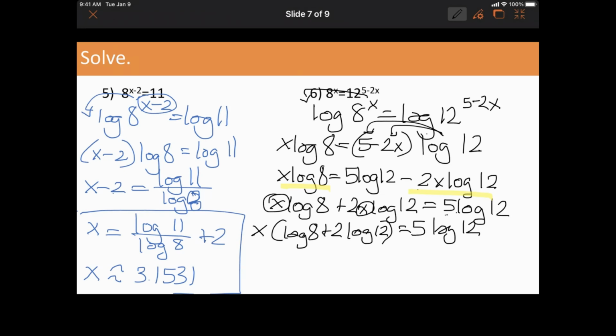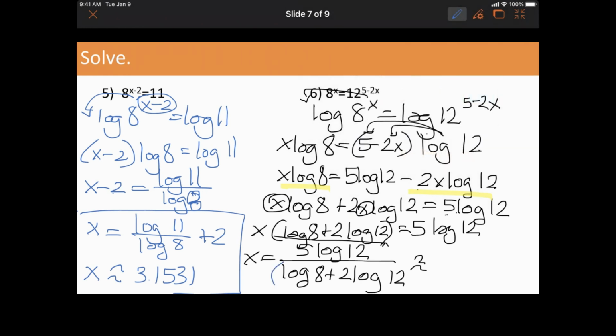Then I'm going to divide this to both sides. Okay. And I'm going to estimate that as well. Now, when you do this, please make sure for your calculator you put parentheses around that, or you will not get the right answer.